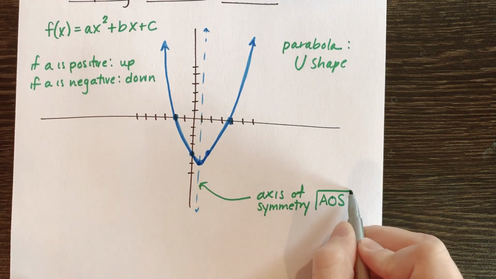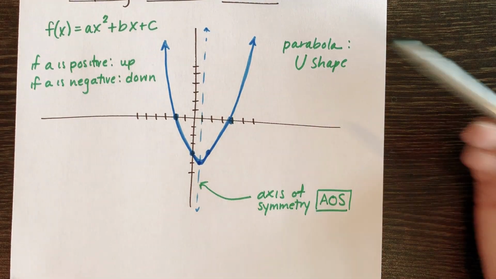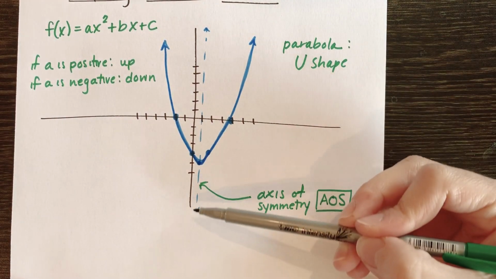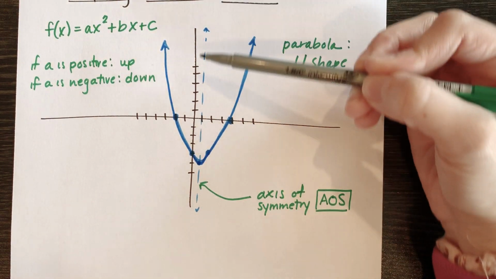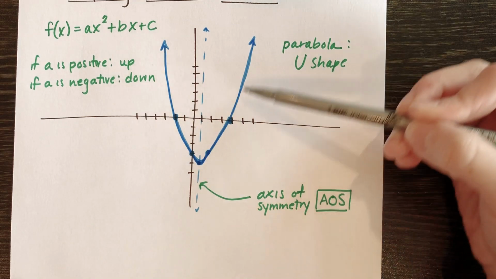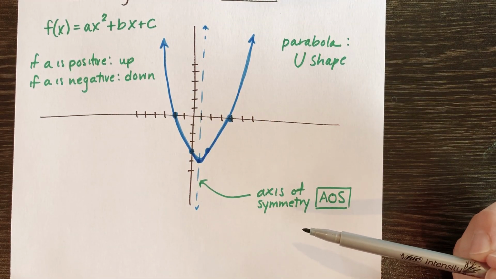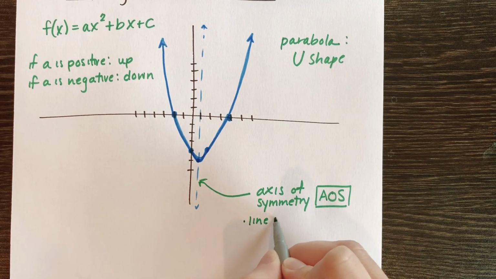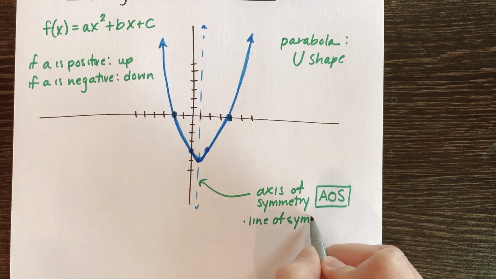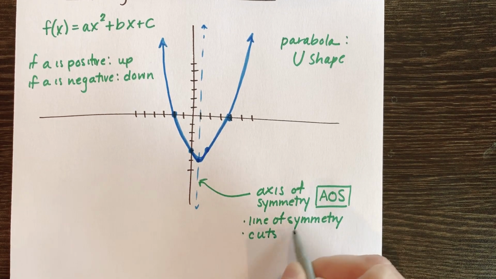So your axis of symmetry, kind of self-explanatory, it cuts your parabola in half. So it's a vertical line that cuts down right smack in the middle of that parabola. It is a line of symmetry for your parabola. It cuts the parabola in half.